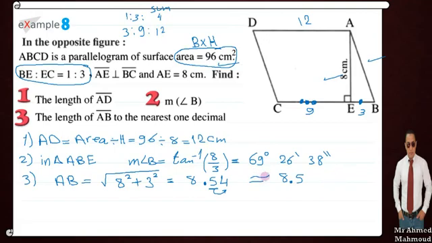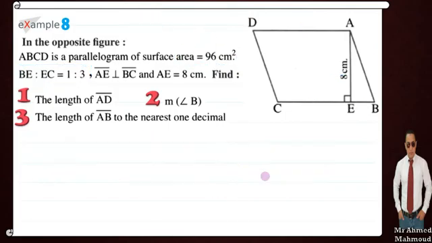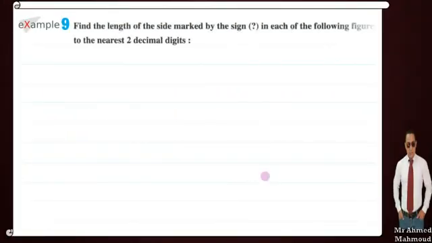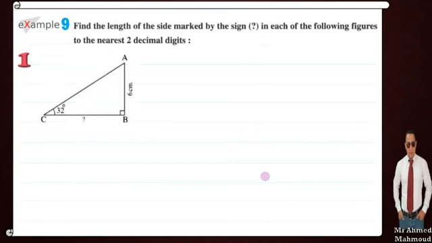Okay, the next example, example 9. Find the length of the marked side in each of the following figures to the nearest 2 decimal digits. In the first one, the required is BC. Here we have angle C equal 32, and 6 is the opposite.